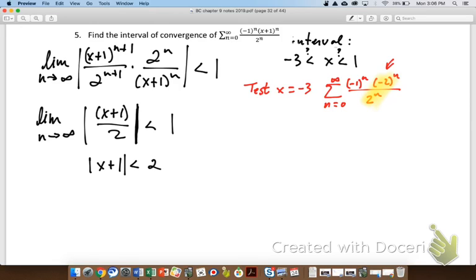Here, I'll draw it in. So this would be -2 over +2, all to the n. So it'd be -1 to the n, right? Yes. So then what is -1 to the n times -1 to the n? It's 1. It'd be 1 to the n.